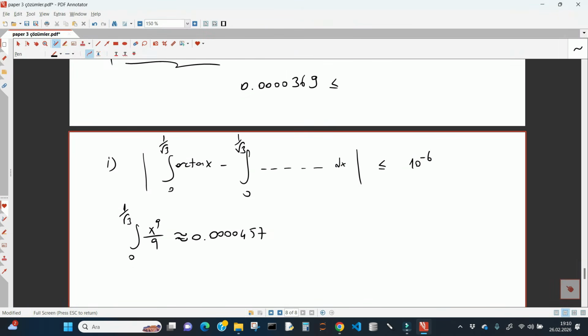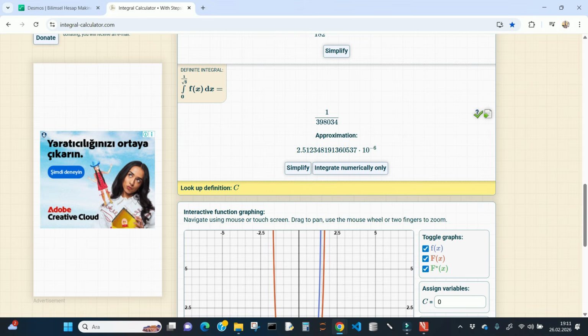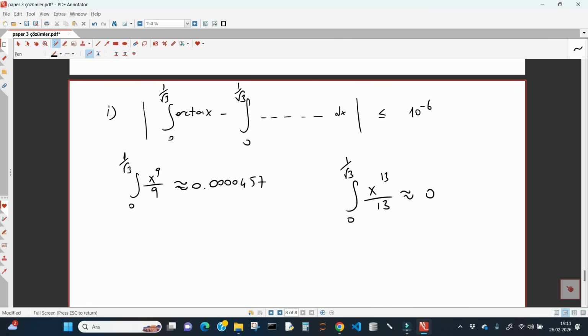In this case, if the power is 13, the approximate value of this integral will be, let's check it, 2.512 times 10 to the power of minus 6.